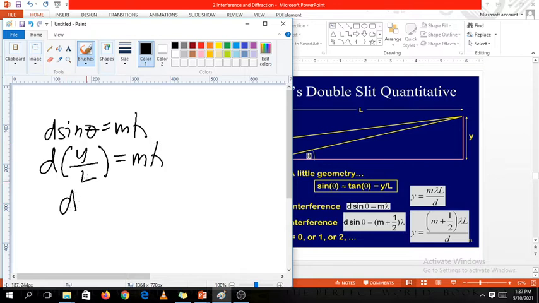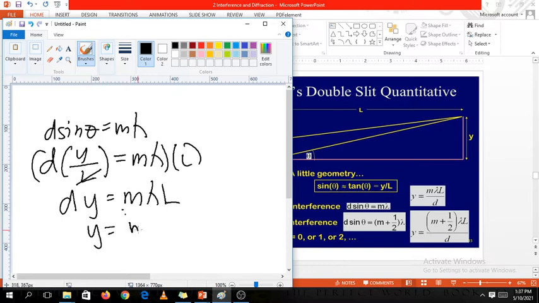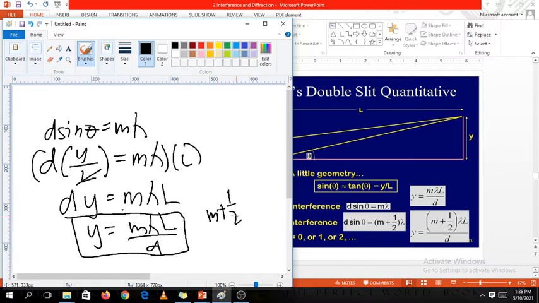To cancel the L, multiply both sides of the equation by L, so dy equals m lambda L. To isolate y, divide by d, so y equals m lambda L over d. Okay? And for a dark fringe, that's simply m plus 1/2 lambda L over d.